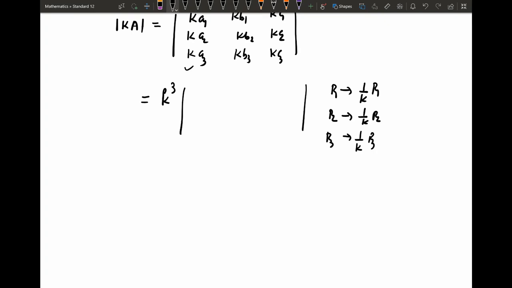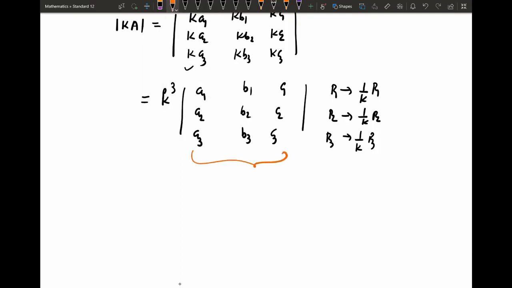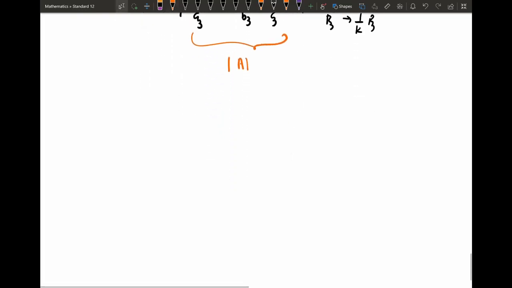So inside there will be the determinant A1, B1, C1, A2, B2, C2, A3, B3, C3, and you can observe this is nothing but determinant A. So the value of the determinant of K times A equals K cube determinant A.